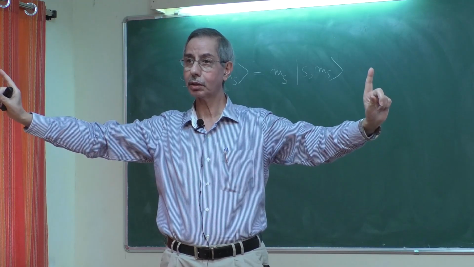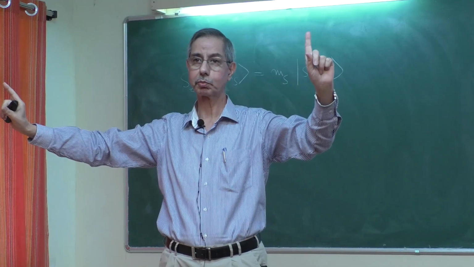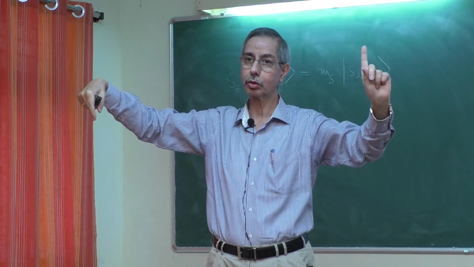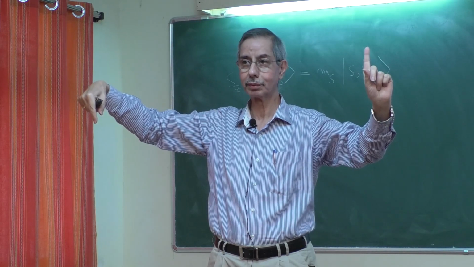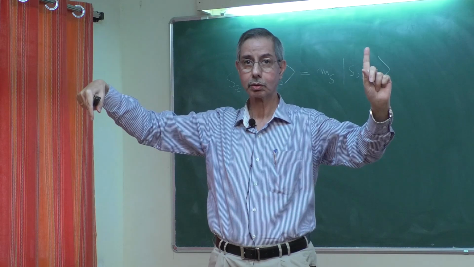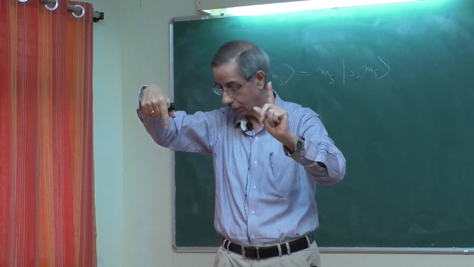Now, depending upon the spin orientation, suppose electron 1 has spin up and electron 2 has spin down. According to the Pauli exclusion principle, what should happen? The total system will lower its energy if these spins come closer, right?